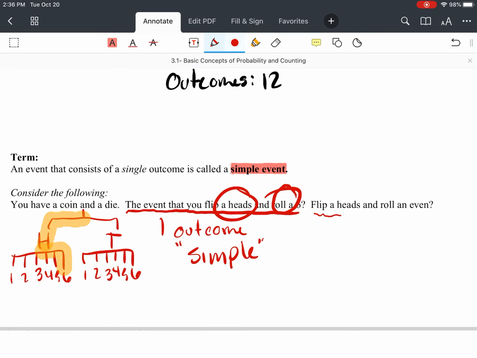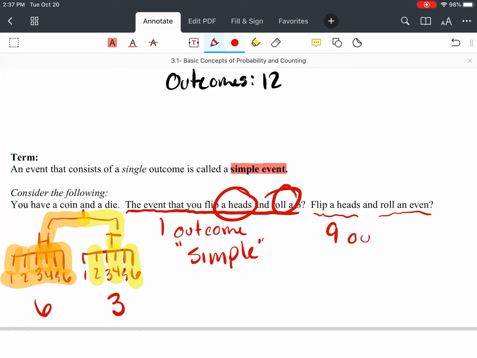If we were to look over here and say, what's the probability of flipping a heads and rolling an even, notice that if we flip a heads, we have 6 possible outcomes over here. On the other side, if we flip a tails, the only even numbers here are 2, 4, and 6, so in this case we have 3 possibilities.